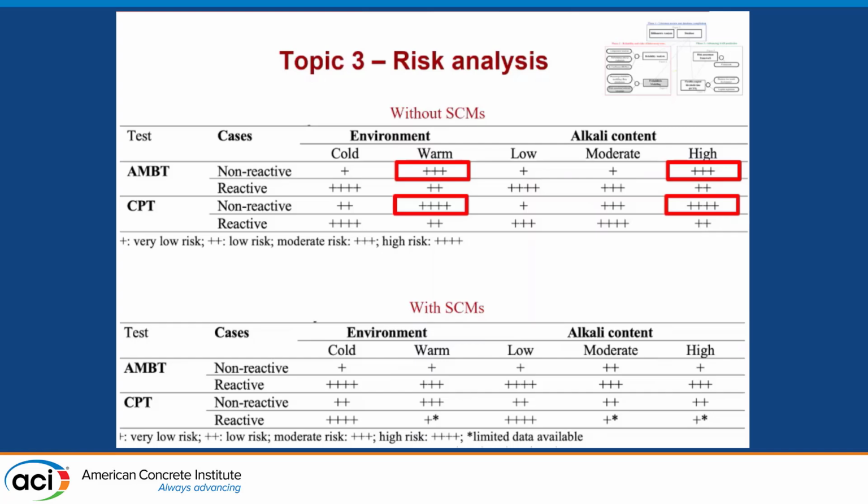Otherwise, in a cold environment, normally lab and field are going to match, so the risk associated with using that is not a problem. Same thing for reactive aggregates, in which it's actually upside down. For reactive aggregates in a cold environment, perhaps it is not going to react that much. For instance, the same amount of expansion in the Accelerated Mortar Bar Test is fine for Ottawa, but not for Austin. And then we are going to have risk associated with that.